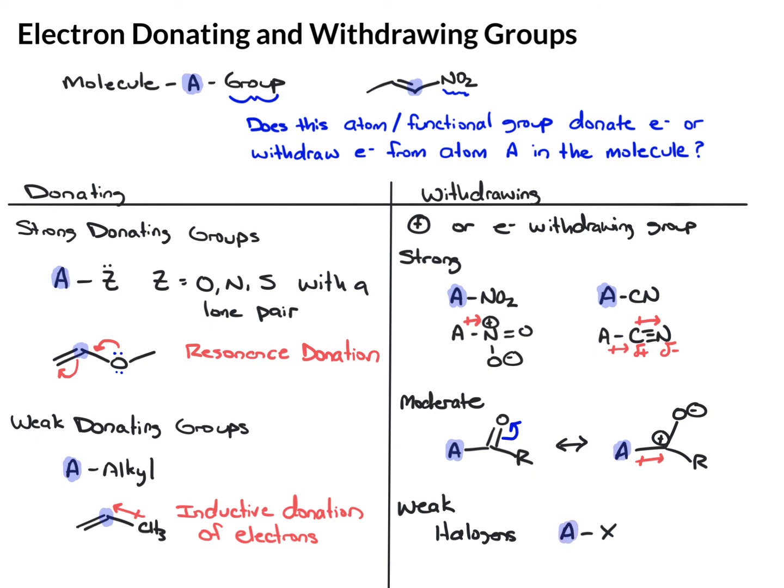So if we have a halogen, like Cl for example, what that's going to do is pull electrons towards itself inductively. And because of that, you're pulling electrons away from A, making that a withdrawing group. This is something we're going to explore further later on in the course, but this gives you a basic understanding of donating and withdrawing groups.